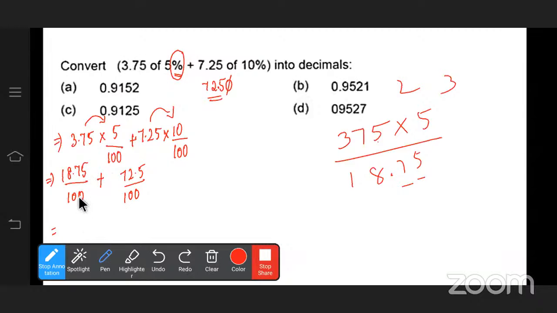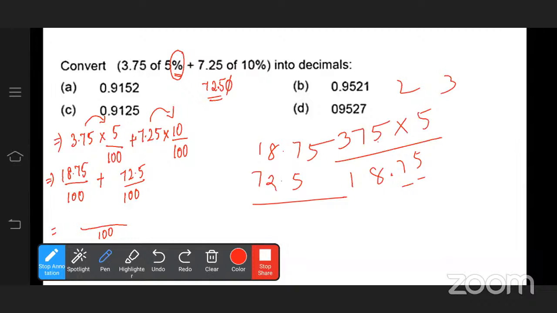Okay. The next step is when the denominator is same, so we just add the numerator. The denominator is here also 100, here also 100, right? So I am taking as a common 100. Okay. So now I'm going to add these two number. What is that number? 18.75. The another number is 72.5.